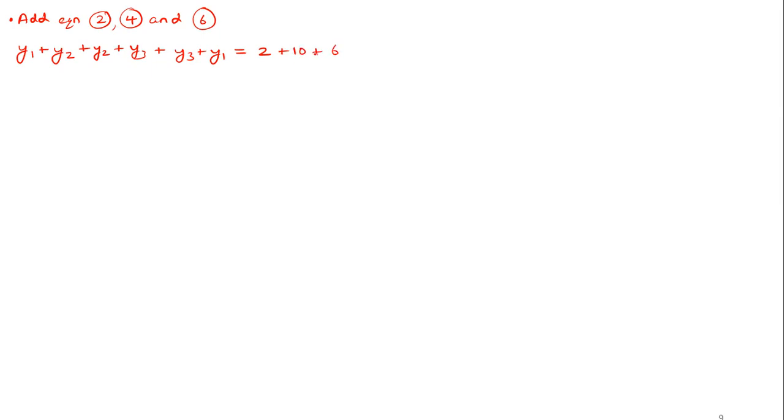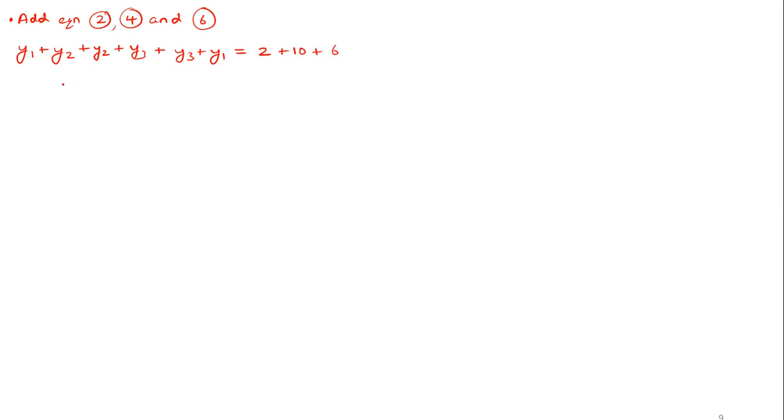Now here we will add equations 2, 4 and 6. So all the y equations we will add. If we see 2, 4 and 6, all the left sides and right sides we will add. Left on the left side, right on the right side. So y1 plus y2 plus y2 plus y3 plus y3 plus y1 is equal to 2 plus 10 plus 6.